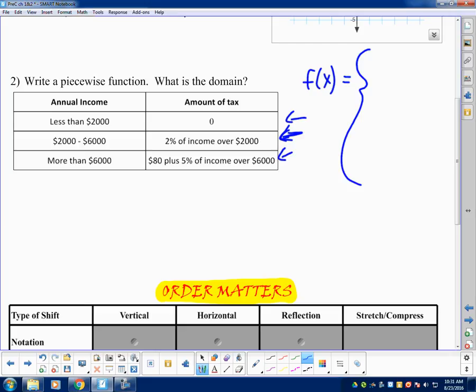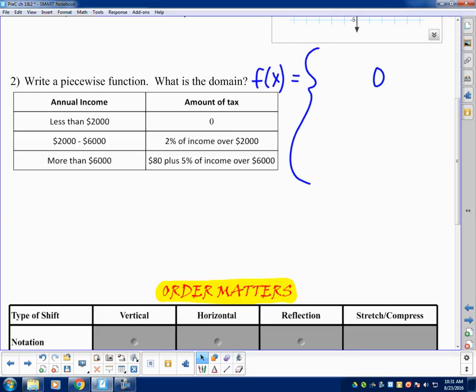So if you had an income of $1,999, or if you had an income of $60 for the entire year, anywhere up to, but not including $2,000, you would owe 0. So it's 0, and that is if x is less than 2,000. Give myself a little more room here.